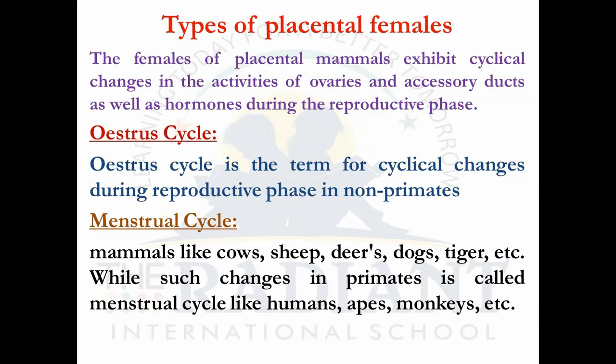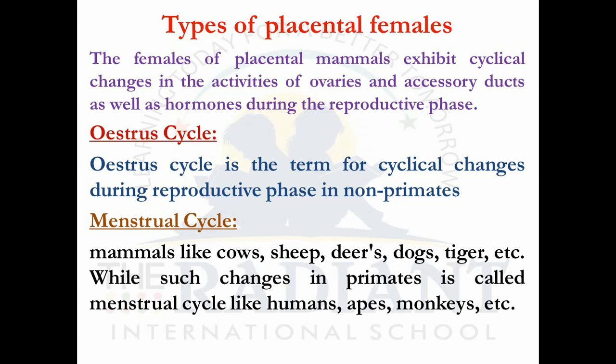The estrous cycle is the term for cyclic changes during the reproductive phase in non-primates. Now, what are primates and non-primates? Humans, apes, monkeys, chimpanzees, gorillas are all considered primates, and except these, all other mammals are considered non-primates.